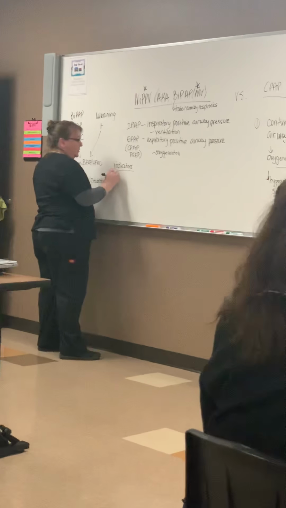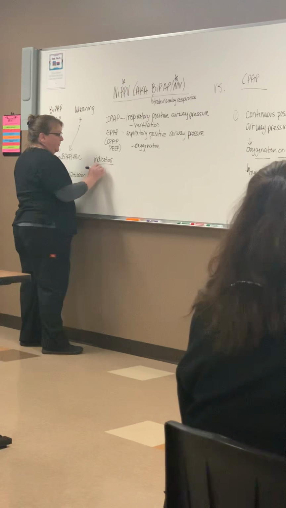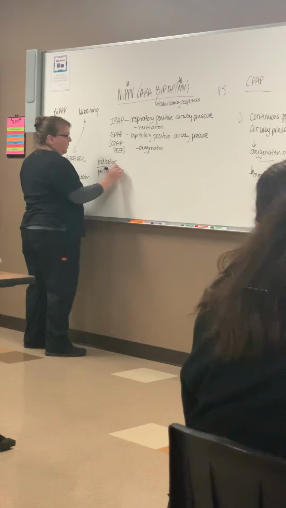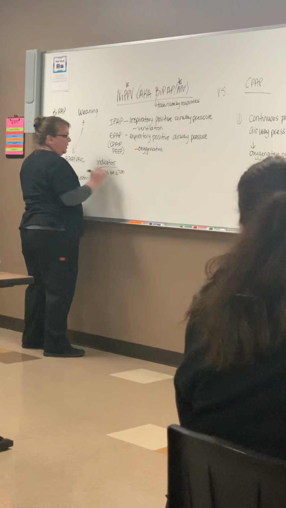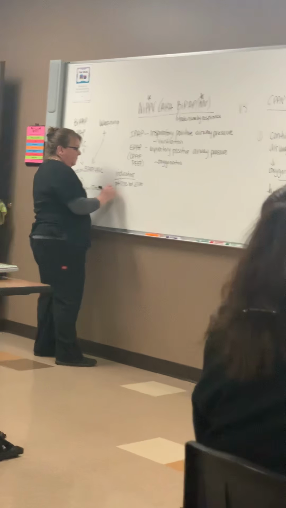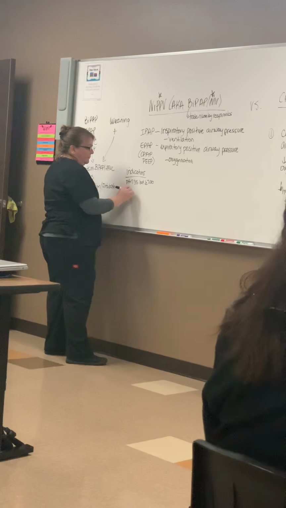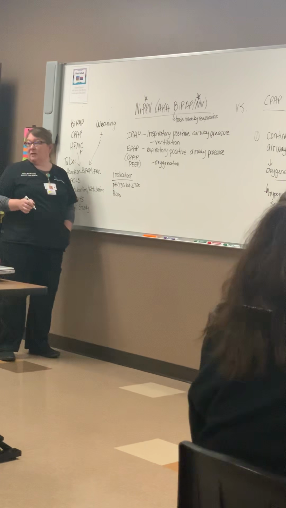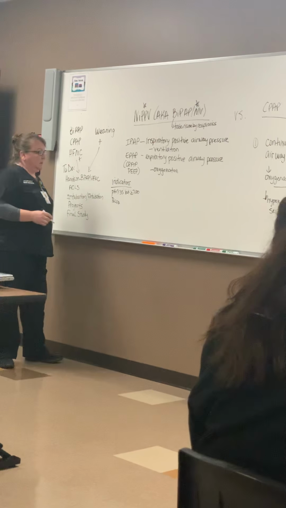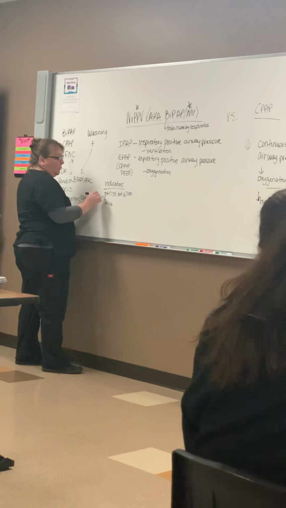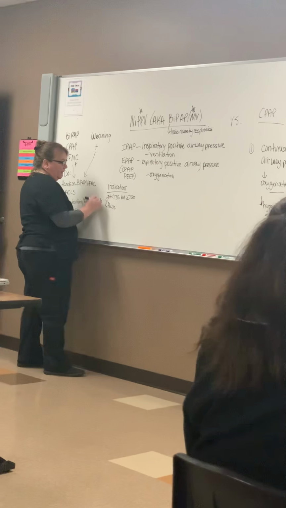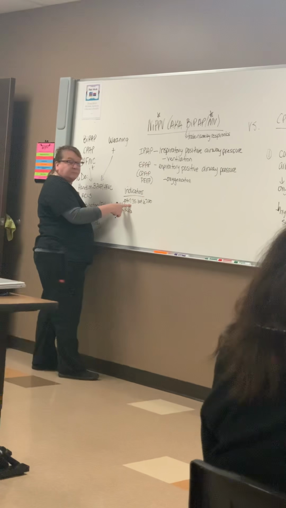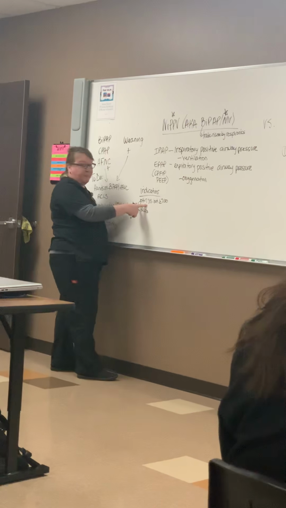I'm going to say pH less than 7.35, but greater than or equal to 7.2. CO2 could be really anywhere depending on your patient, because if they're a chronic retainer, your CO2 could be really high. So it's going to be the combination of the two together. Because if your CO2 is high but your pH is normal, it doesn't matter, right? Because your patient's compensated.